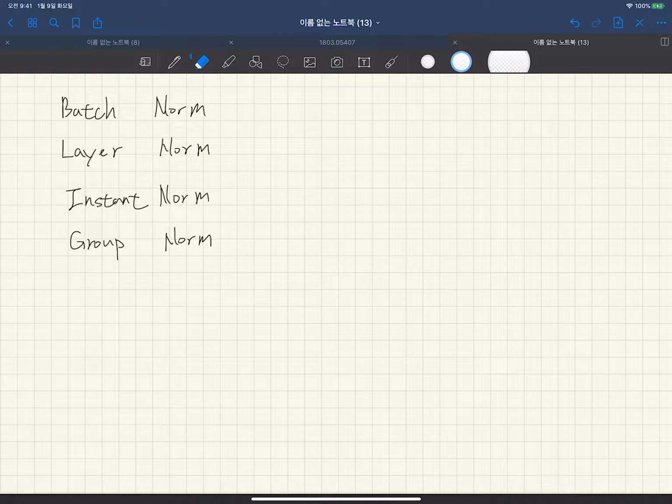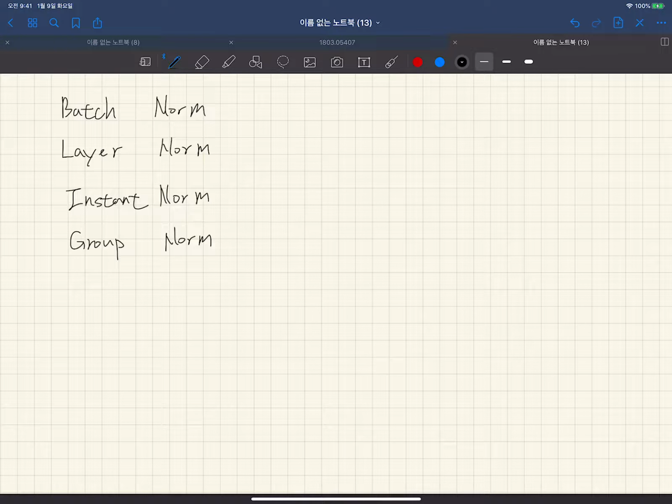All these four variants use incoming data points to estimate some mean and variance of some block of your input space, and then using the mean and variance you normalize the block structure so that it has zero mean and unit variance.